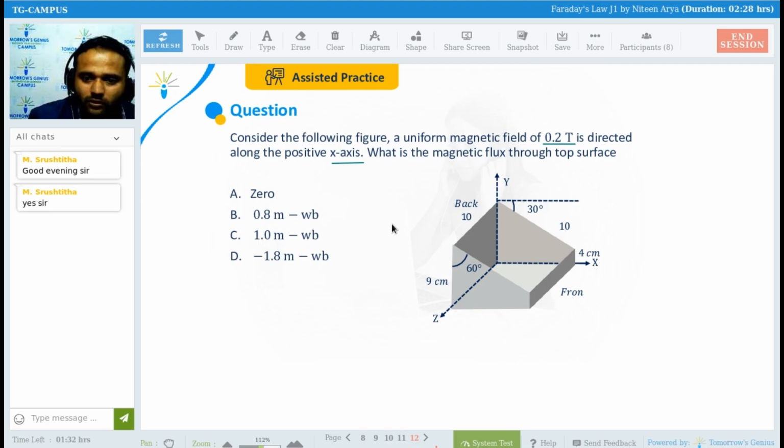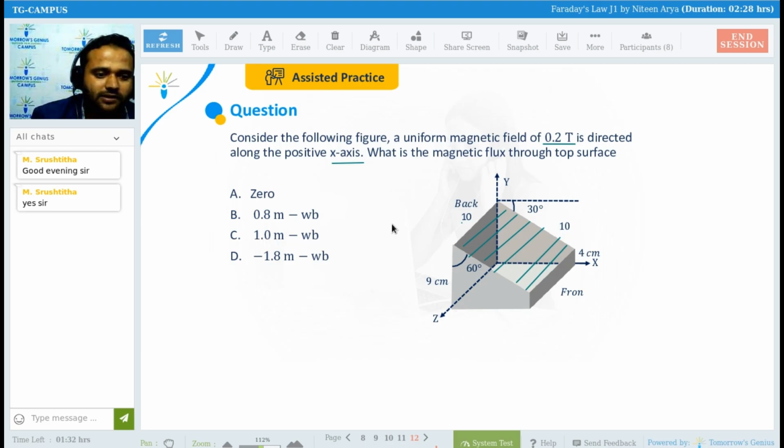This is back, this is front, so obviously this is the top. This one I draw for you guys. This one is your top surface. Is this clear, everyone? And you can get the area also, because there is x, y, z, everything.